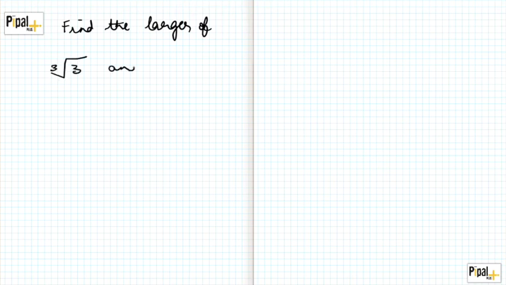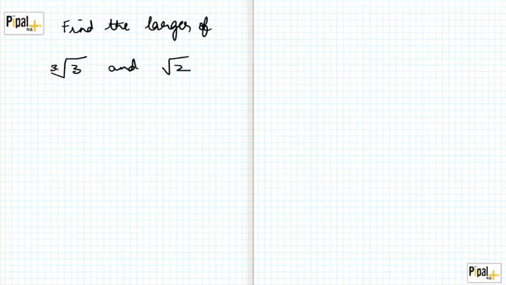So let's say we have a question which says find out which is larger, right? Find the larger of cube root of 3 and square root of 2, right? So let's say we have to find out which one is larger, right?